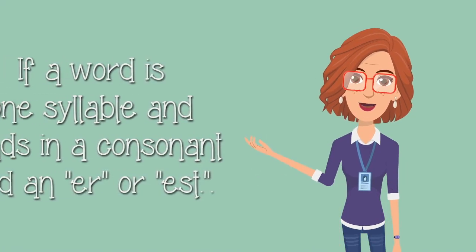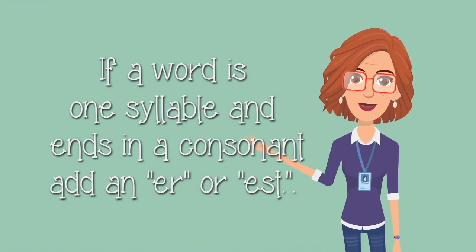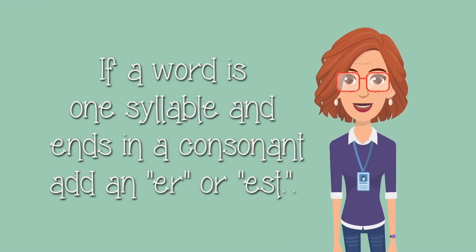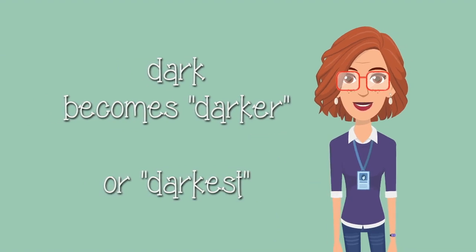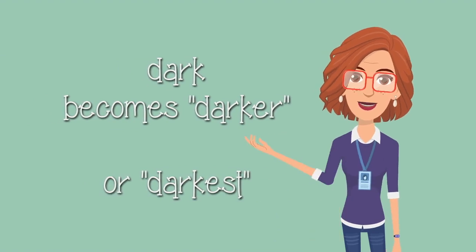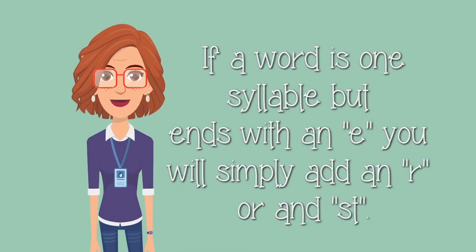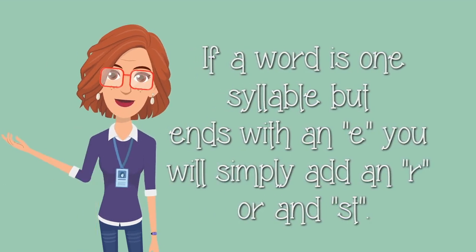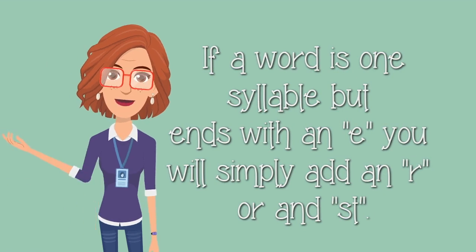If a word is only one syllable and ends in a consonant, you will add either ER or EST. For example, the word dark becomes darker or darkest. If a word is one syllable but ends with an E, you only add an R or an ST at the end.